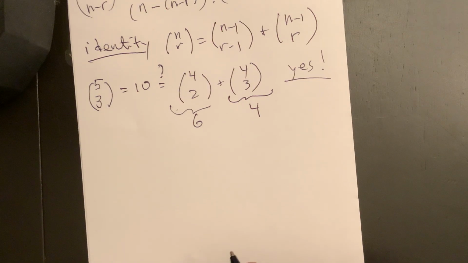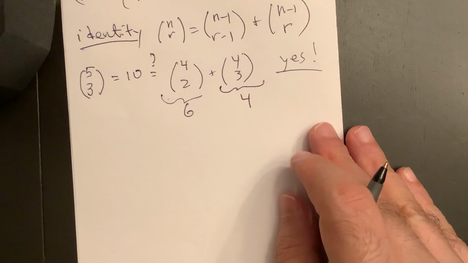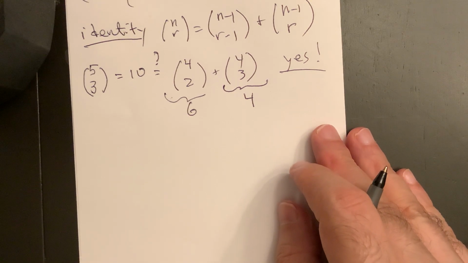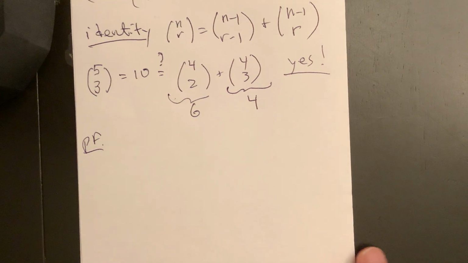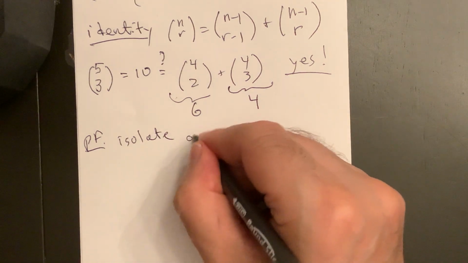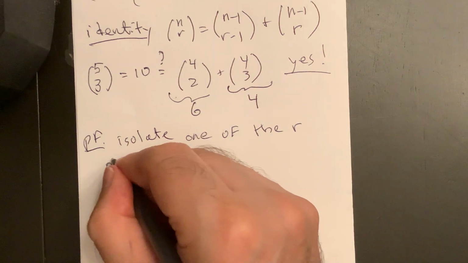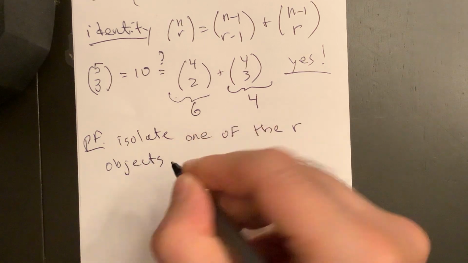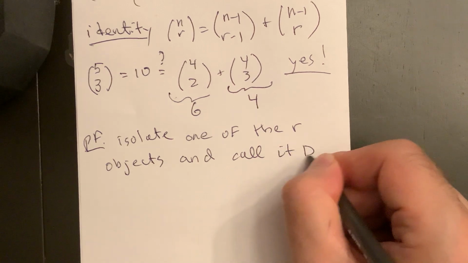So for a proof, let's give what's called a little counting or probabilistic argument here in general. So this is a proof. The proof of the identity is that what I can do is isolate one of the n objects, any one, and call it Dave.